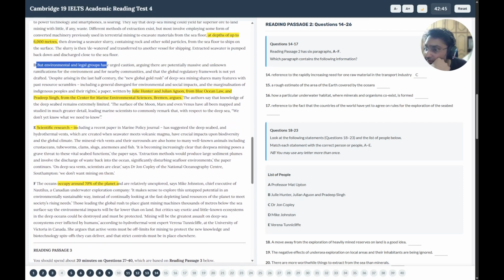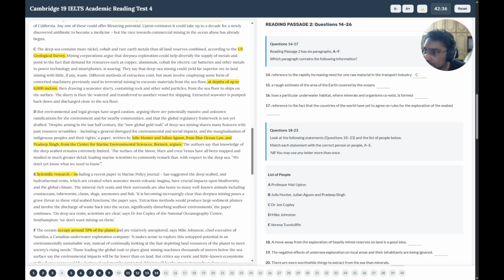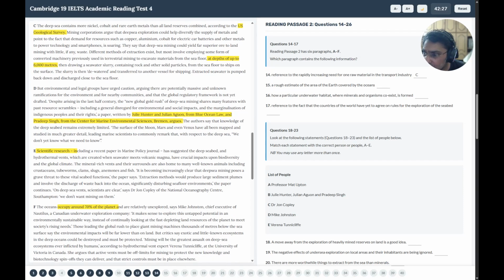But when environmental legal groups have urged caution, arguing their potentially massive unknown, a rough estimate of the area of the Earth covered by the oceans, potentially massive and unknown ramifications. So we have 42 minutes remaining, and we have a lot of questions to do.